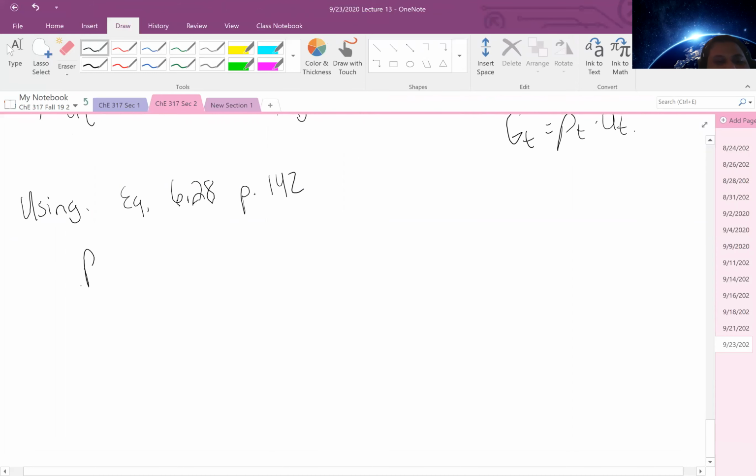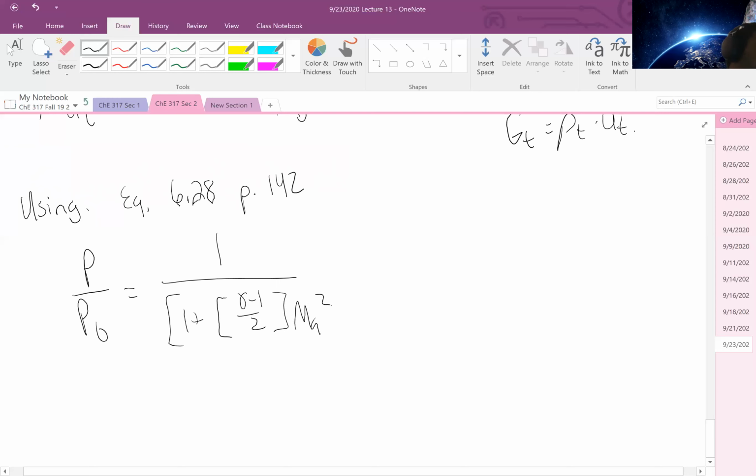We know that pressure over P naught is equal to 1 over 1 plus gamma minus 1 over 2 times the Mach number squared, times 1 over 1 minus 1 over gamma.